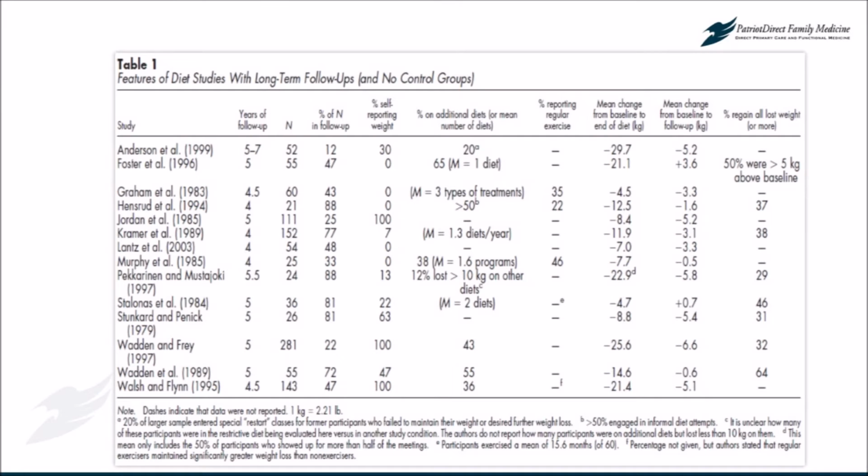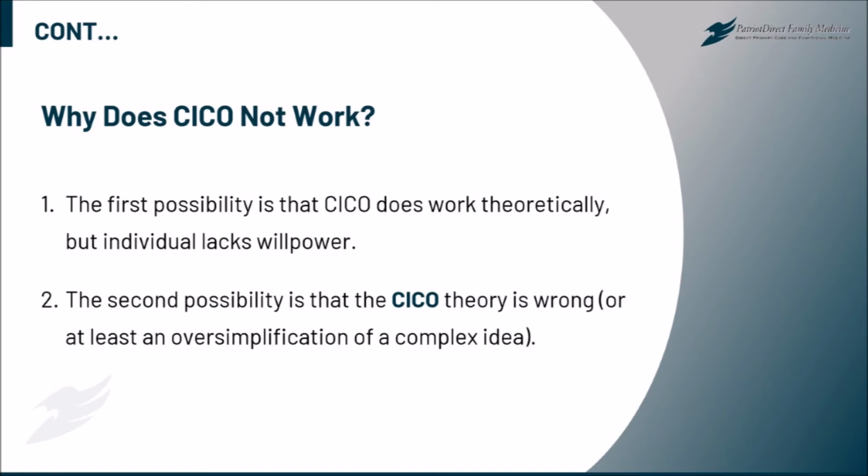A meta-analysis done in 2007 that looked at studies with caloric-restricted weight loss for which there was at least a 2 to 5 year follow-up, the results were clear that in all studies, a large proportion of the weight is regained. So the question then becomes, why does CICO not work?